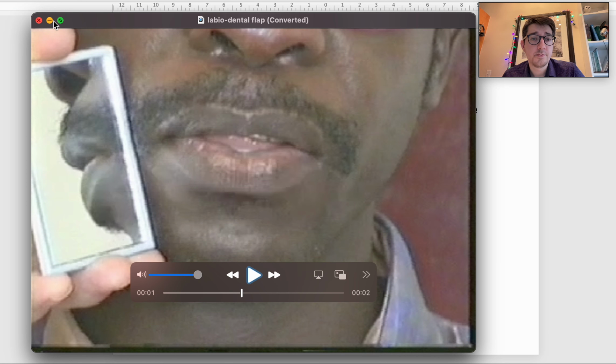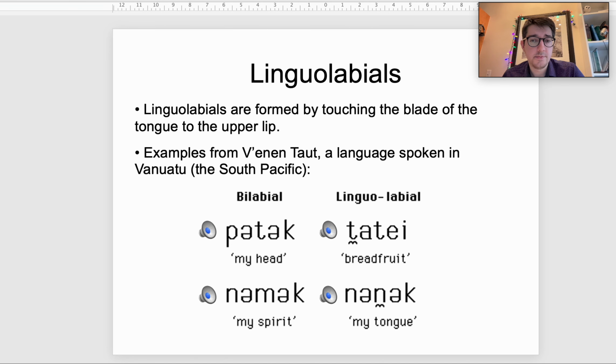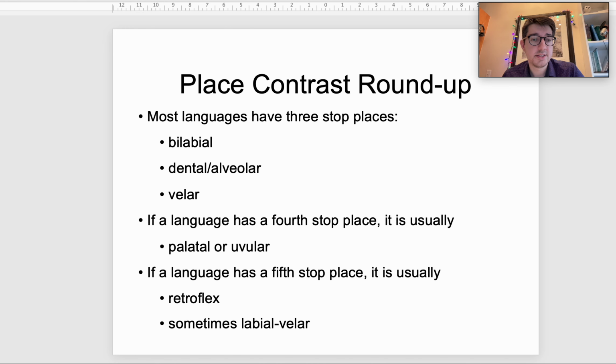All right, to wrap up this lesson, most languages have three stop places, as we saw based on our database: bilabial, dental, alveolar, and velar, or these are coronals. If a language has a fourth stop place, it is usually palatal or uvular. If a language has a fifth stop place, it is usually retroflex, sometimes labial-velar.